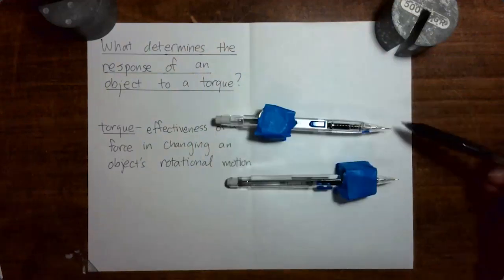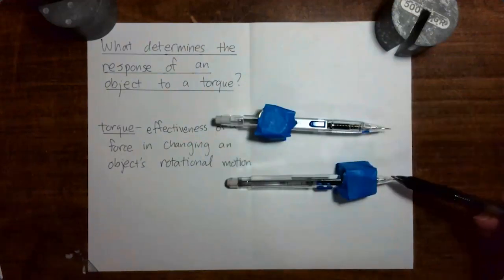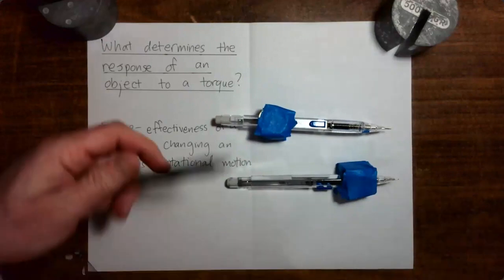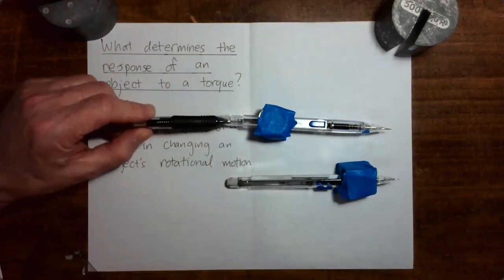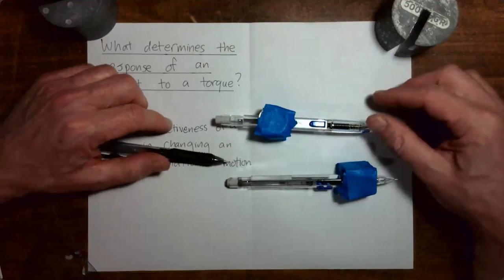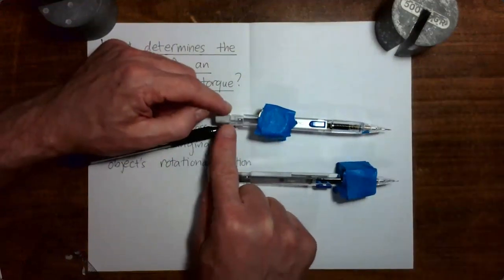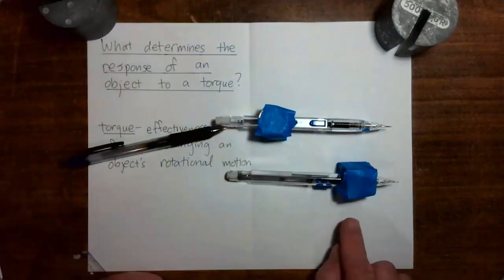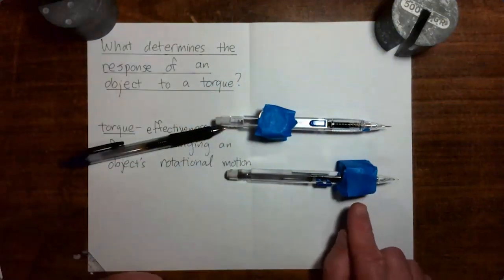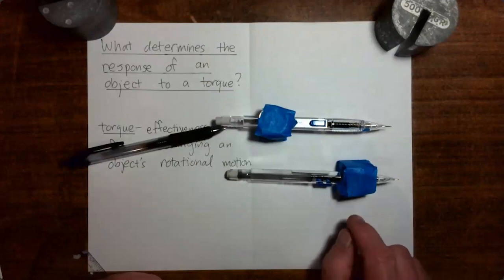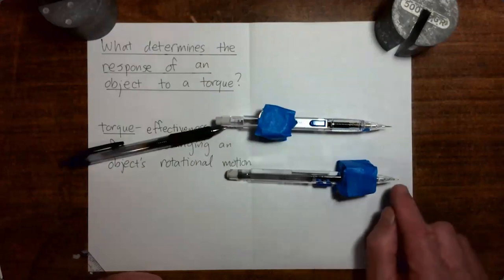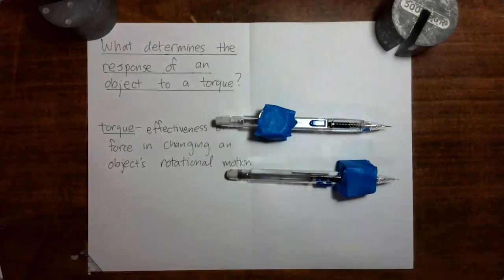I also have here a couple of identical mechanical pencils. On this mechanical pencil right here, I have taped a stack of quarters, and I have taped the stack of quarters closer to the eraser side of the pencil. And on this pencil over here, I have taped a stack of 8 quarters, and I have taped the quarters closer to the tip side of the pencil.